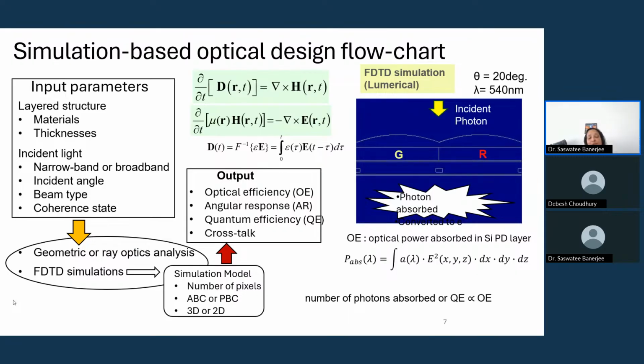For example, especially when you are dealing with crosstalk, then the single pixel models don't really work. So you have to take a whole array of pixels, in fact. So that makes the whole thing very complex. I mean, compute intensive, basically.